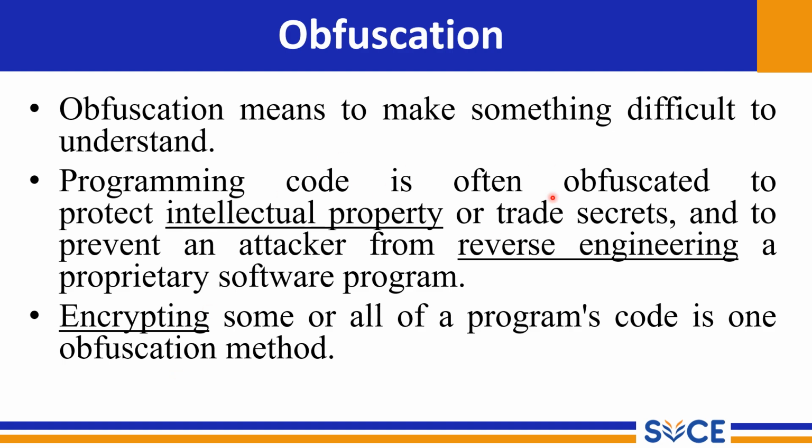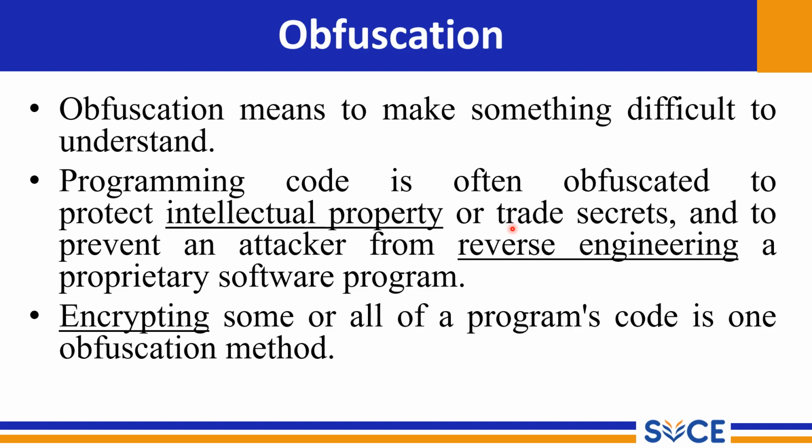Programming code is often obfuscated to protect intellectual property or trade secrets and to prevent an attacker from reverse engineering a proprietary software program. Encrypting some or all of the program's code is one obfuscation method, and other approaches include stripping out potentially revealing metadata, replacing class or variable names with meaningless labels, and adding unused or meaningless code to an application script.